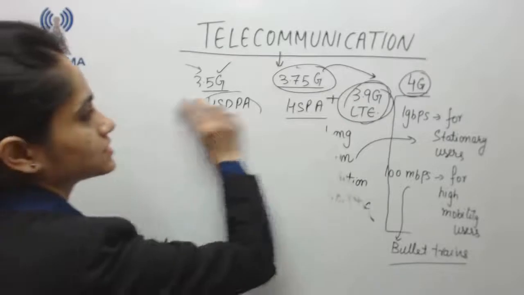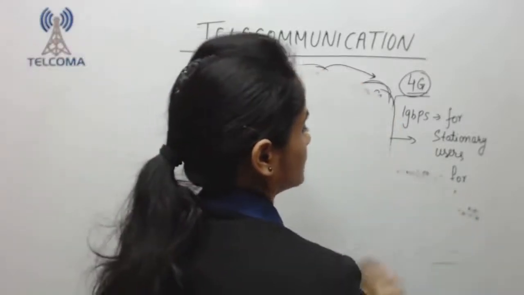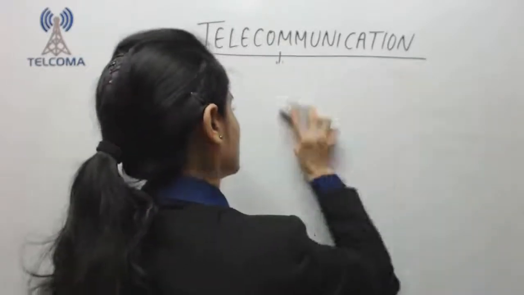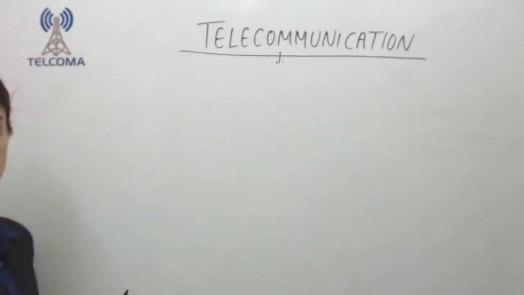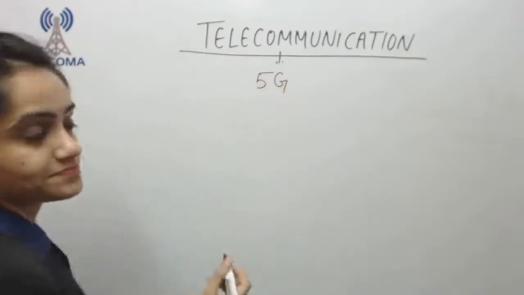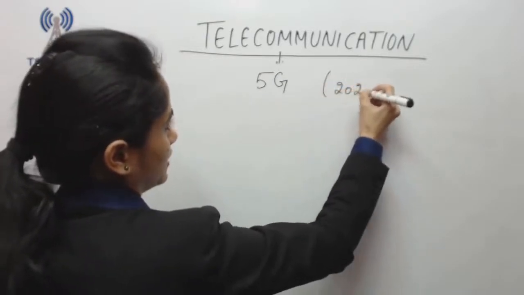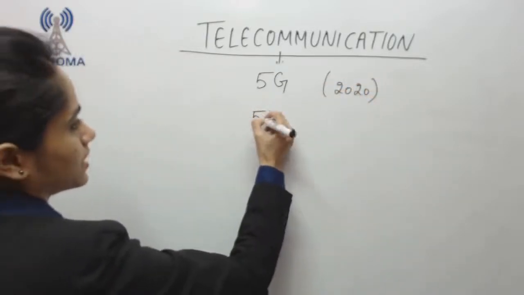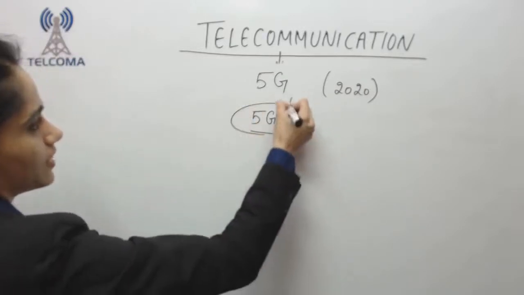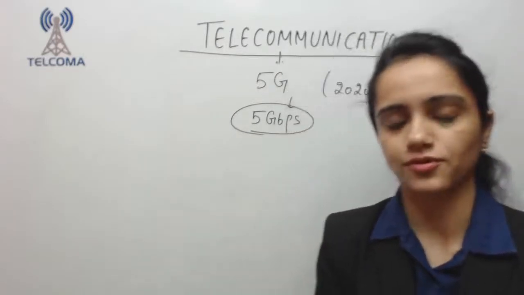Now we have achieved the 4G targets. That means 4G is successfully launched. We have achieved 1 gigabit per second and 100 Mbps. After that, we have set a target for 5G, which is to be commercial in 2020. Now we have set up a target of 5 gigabit per second. Whenever we have 5 gigabit per second, we can say that we have 5th generation from 4G.